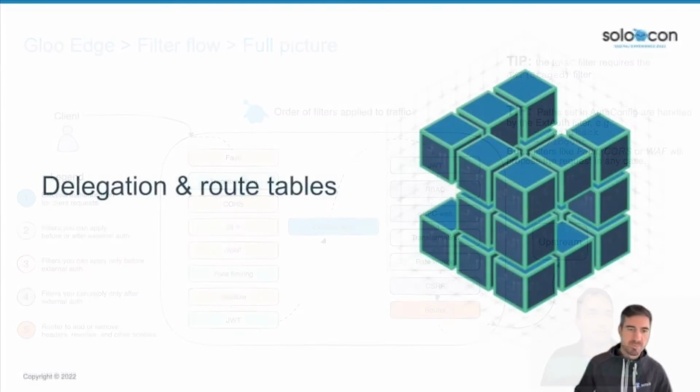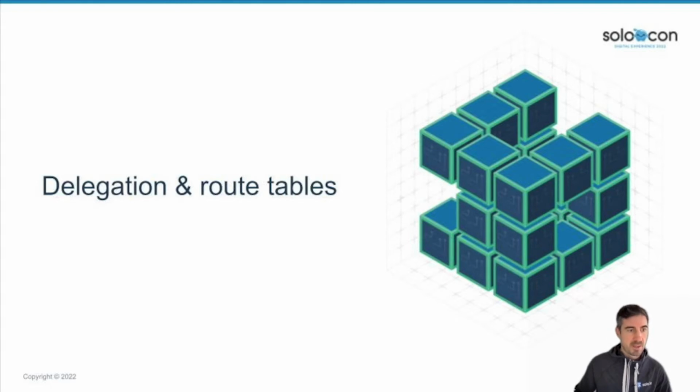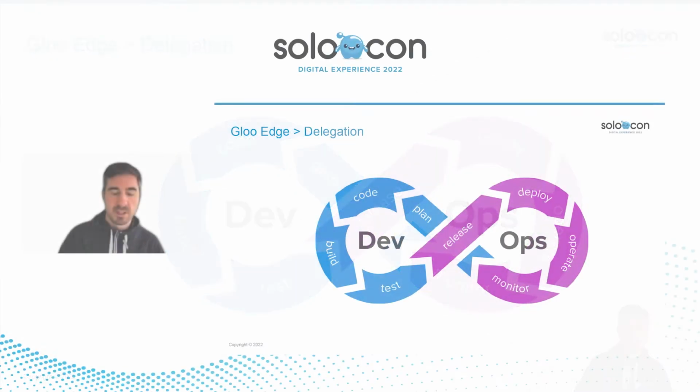Thank you. Now let's talk about delegation and route tables. But before that, let's just mention something about DevOps. The goal of DevOps is to increase organizations' ability to deliver applications and services. It is described as good practices, sometimes as a journey.